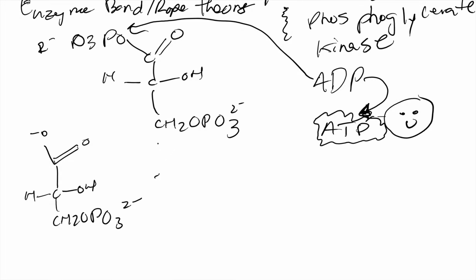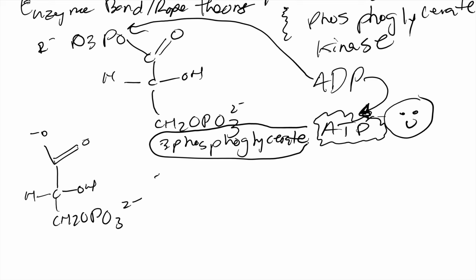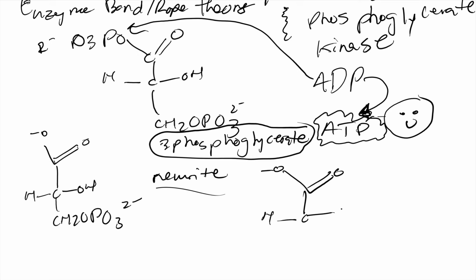So let's now, I think this is called 3 phosphoglycerate. And let's not rewrite it. Let's rewrite it like this, just for visuals. Just rewriting this OH into this. And then I'm going to draw this CH2O and this PO3 2 minus.